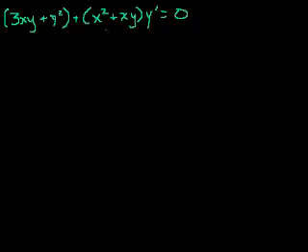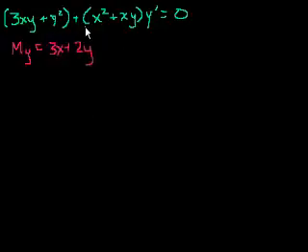And how do we test that? Well, we can take the partial derivative with respect to y of this function of x and y, which we'll call M. The partial of M with respect to y would be 3x plus 2y.